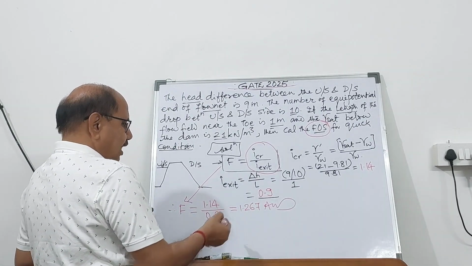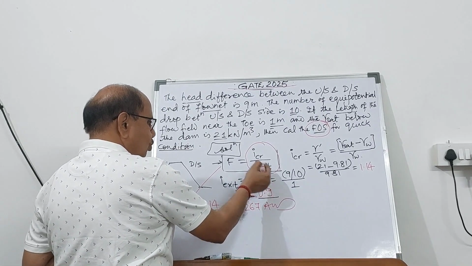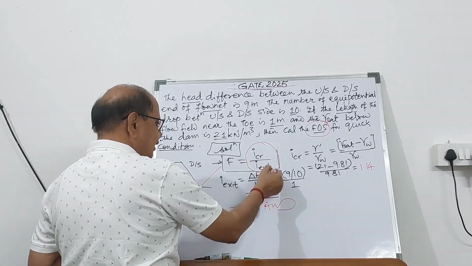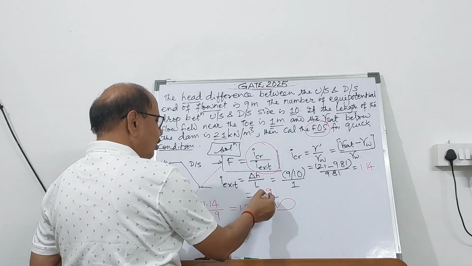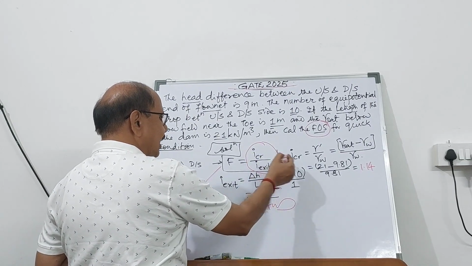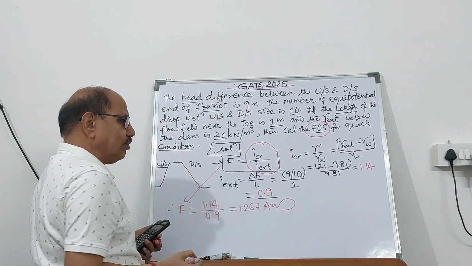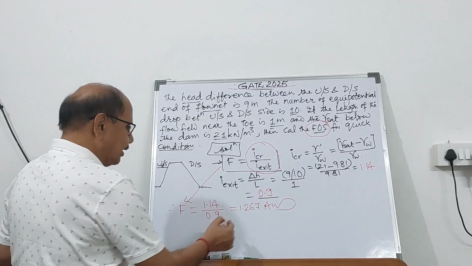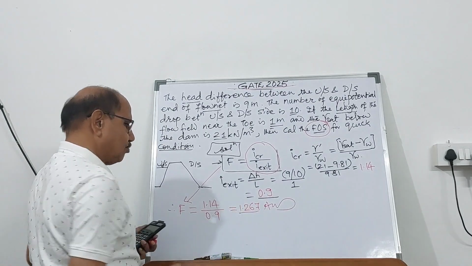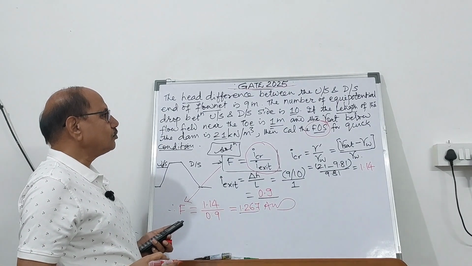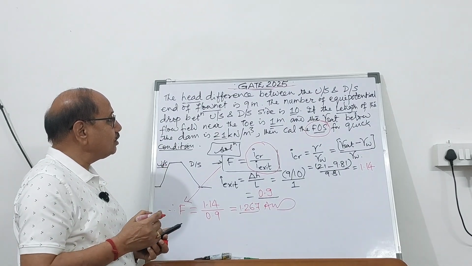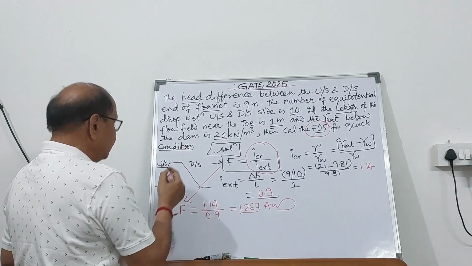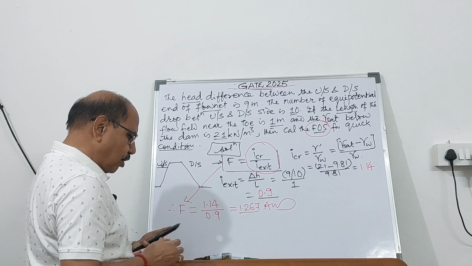So you have seen that the exit hydraulic gradient is only 0.9, whereas the critical hydraulic gradient is 1.14. Naturally, you get a factor of safety like this. This is a quite simple problem of GATE 2025. Let's go to the next problem now.